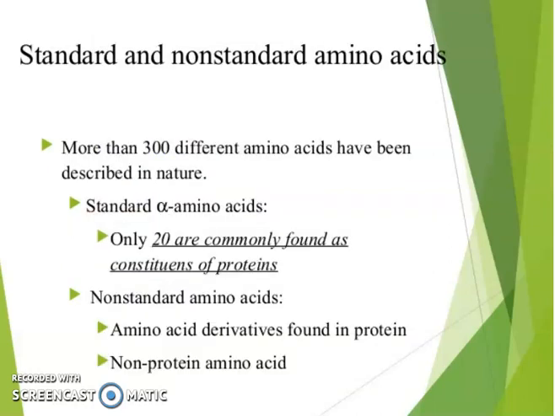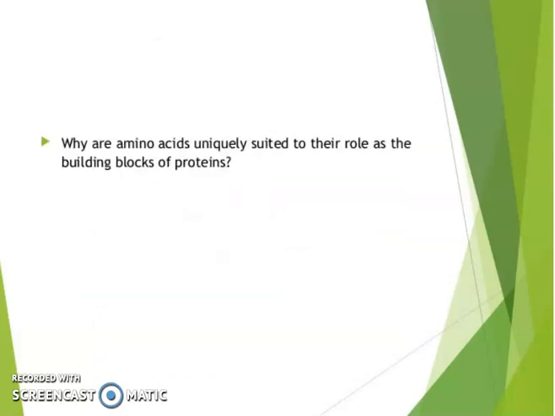Standard and non-standard amino acids: more than 300 different amino acids have been described in nature. Of the standard alpha amino acids, only 20 are commonly found as constituents of proteins. Non-standard amino acids include derivatives found in protein, and non-protein amino acids.